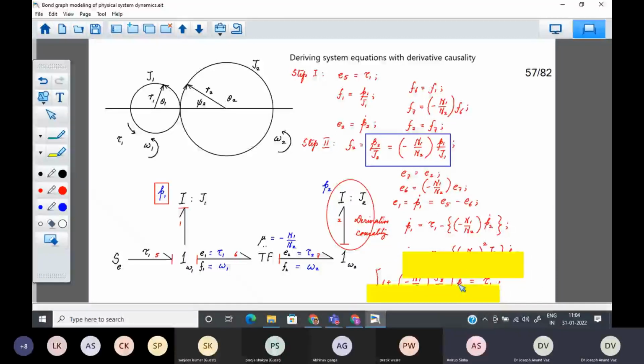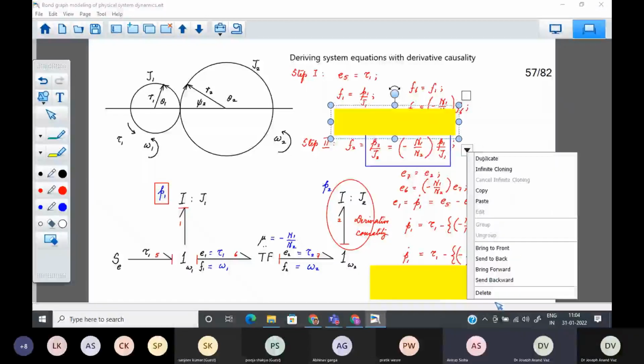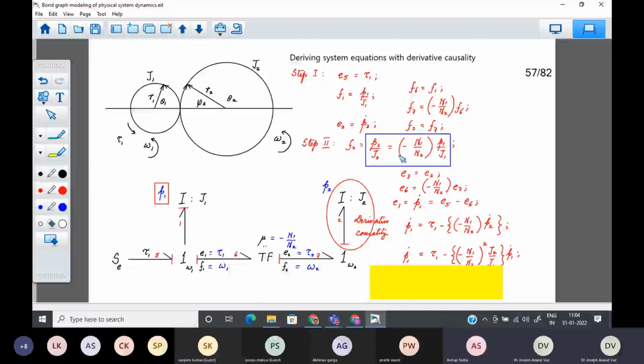So if you now write P2 dot in terms of P1 using this expression, if you make use of this expression which you have already derived and replace P2 dot with it, if you differentiate this, you see J2, J1, N1, N2, they're constants. So you have P2 dot related to P1 dot.